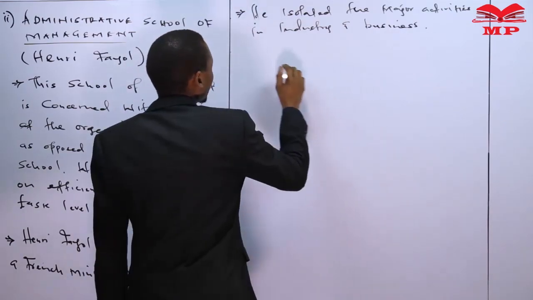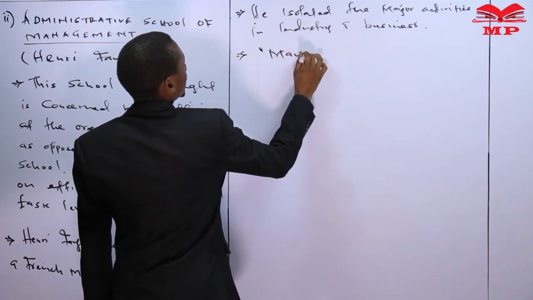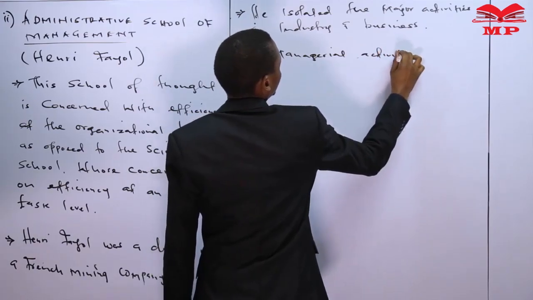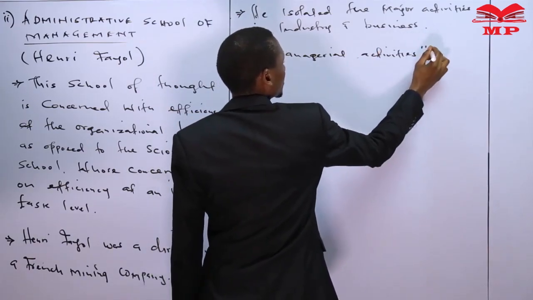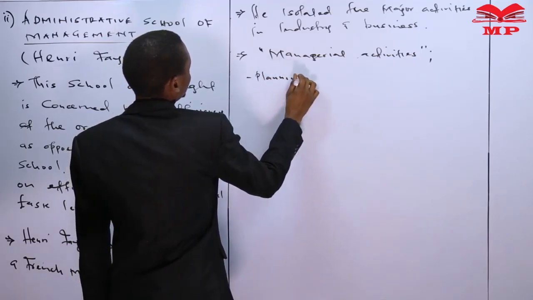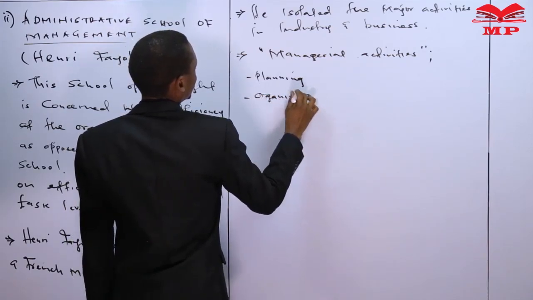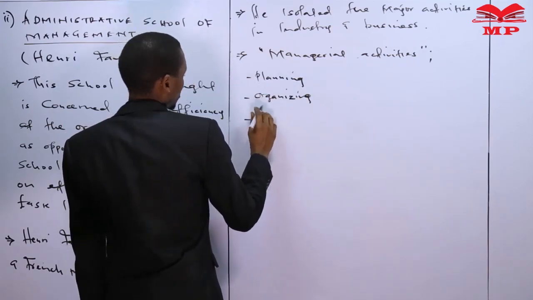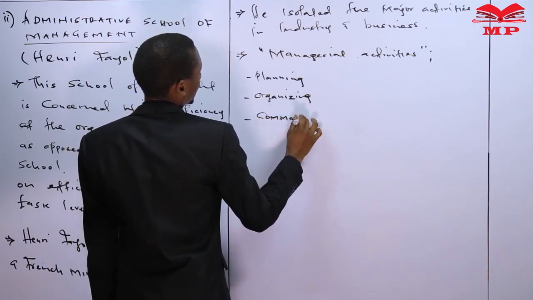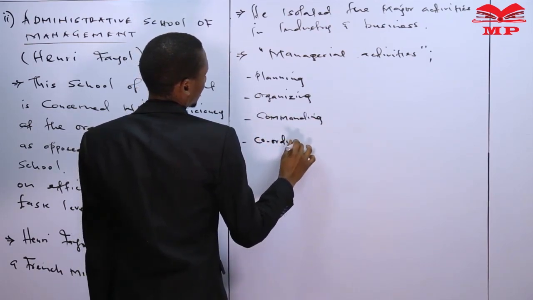And he identified one of those activities to include managerial activities, which he identified as planning, organizing, commanding comes first, coordinating, and controlling.